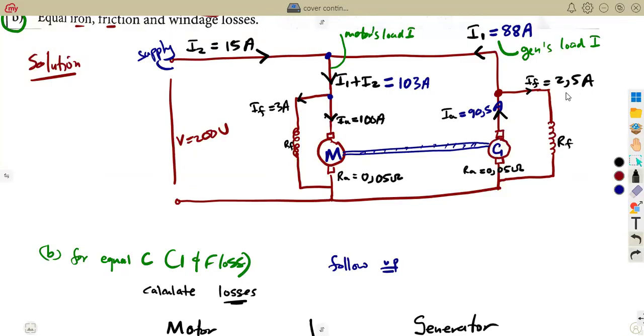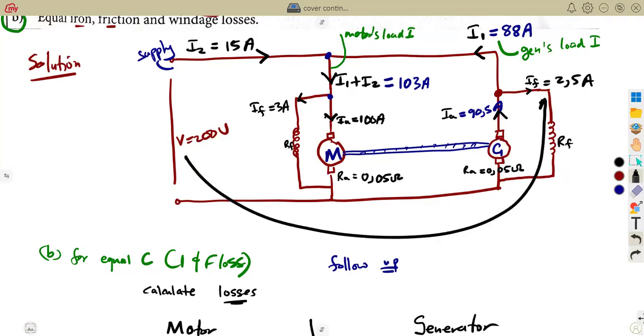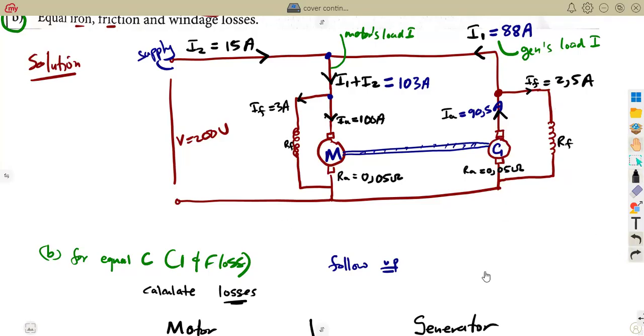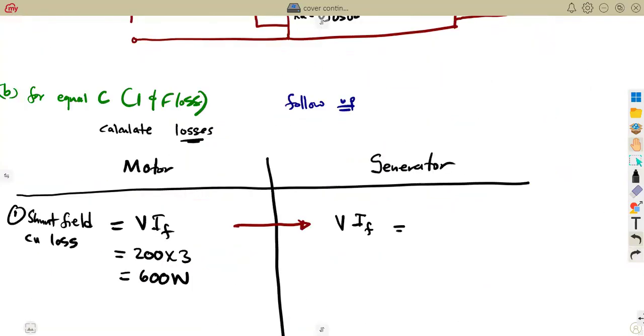So terminal voltage times the field current of the generator: 200 times 2.5. So this gives us 500 watts. Okay, so this is from the generator.